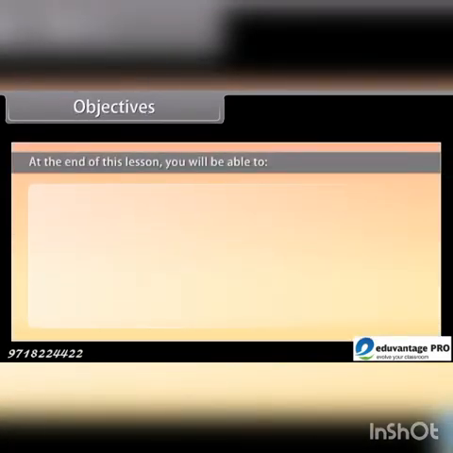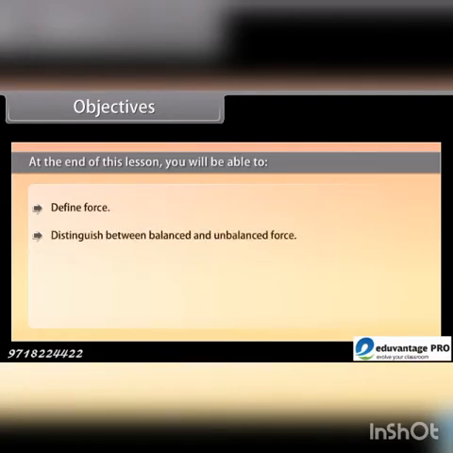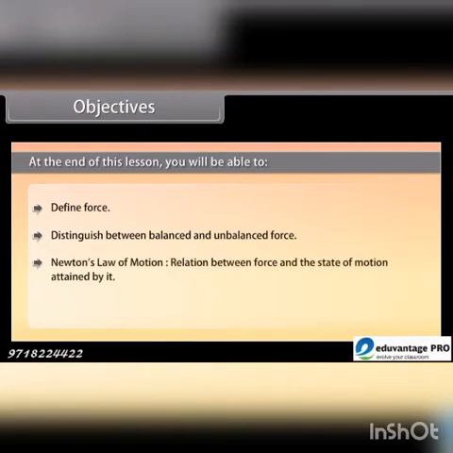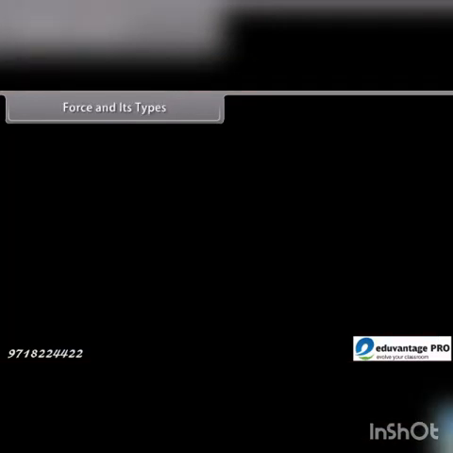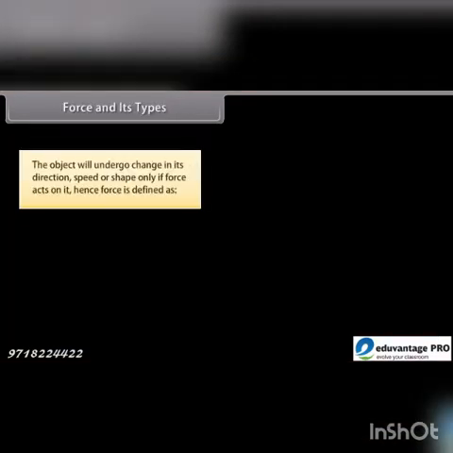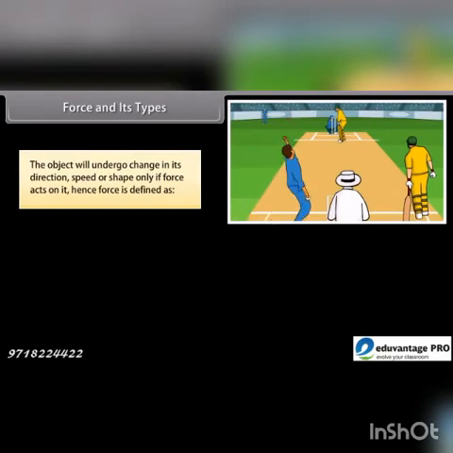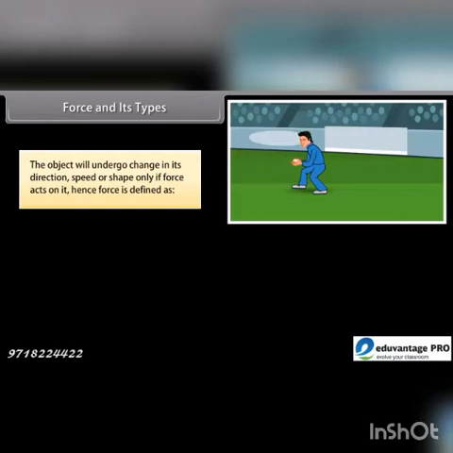At the end of this lesson, you'll be able to define force, distinguish between balanced and unbalanced force, Newton's laws of motion, the relation between force and the state of motion attained by it, understand the conservation of momentum, force and its types.